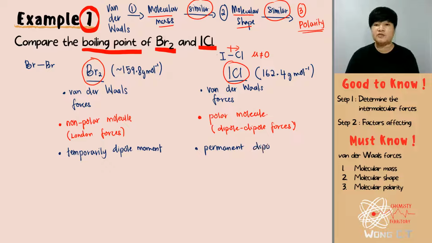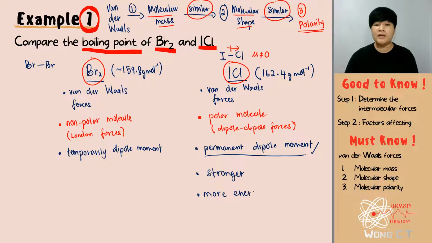So which one is stronger? Which one needs more energy to overcome? Which one will have higher boiling point? Obviously, the permanent is stronger. Okay? So when the permanent forces is stronger over here, therefore, more energy will be needed in here.